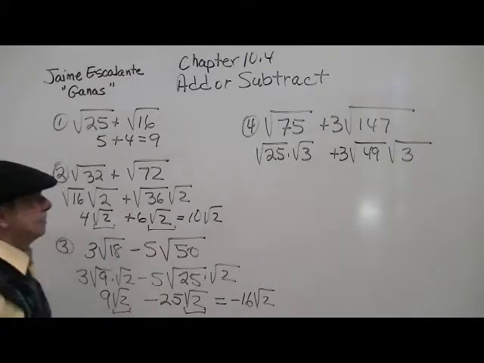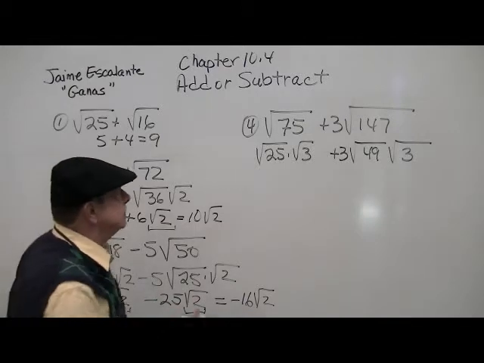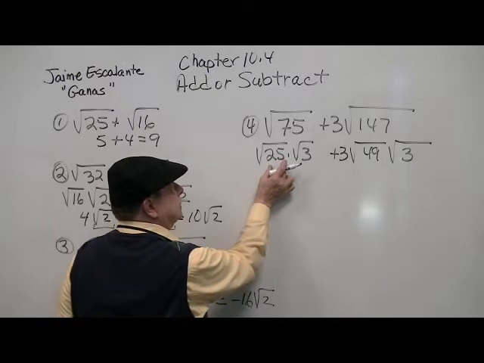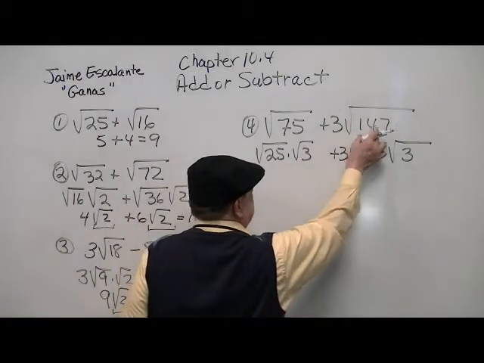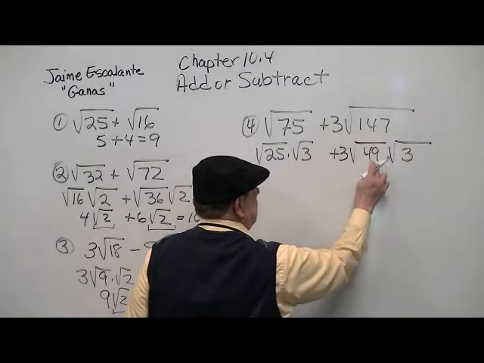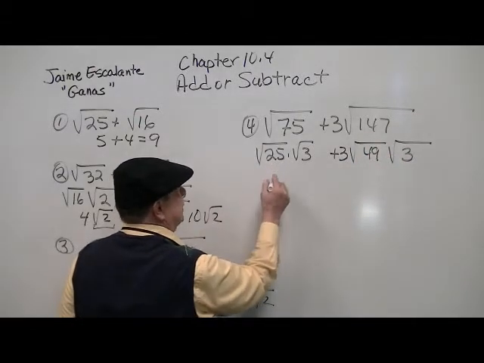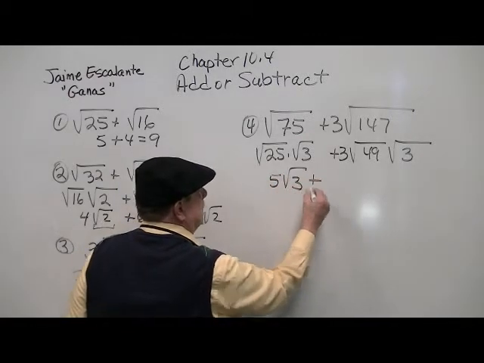All right, in example 4, as we go through the numbers, they're going to get a little more difficult. Square root of 75 can be divided into the square root of 25 times the square root of 3. And 147, I divided it by 3, and I got 49. So now there's a perfect square, 5, the square root of 3.